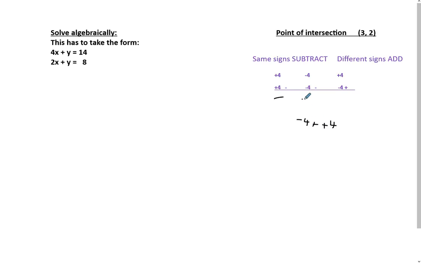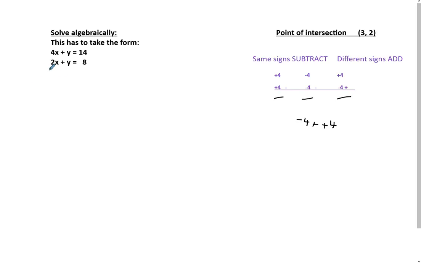So we've eliminated the y. And if you have plus 4y and minus 4y, then you add them, because then that becomes 0. So if the signs are the same, you subtract. If the signs are different, you add.